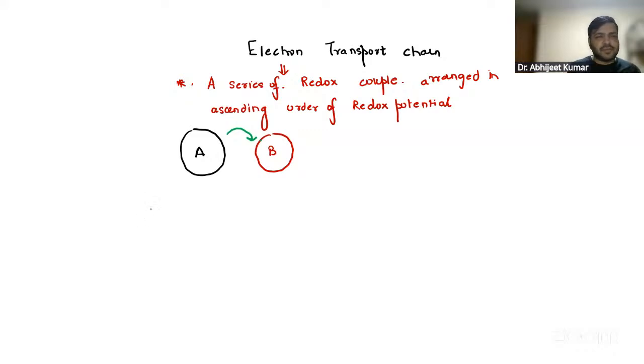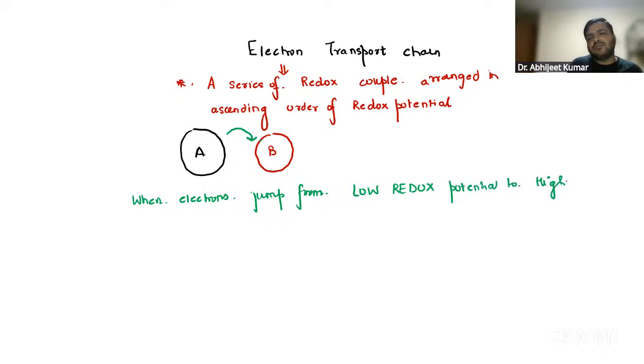So remember that when an electron jumps from low redox potential to high redox potential, it is an exergonic reaction. It means that it liberates free energy.